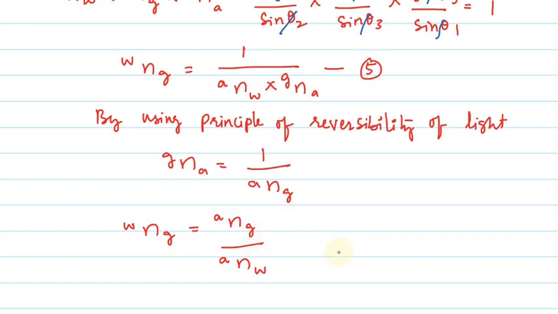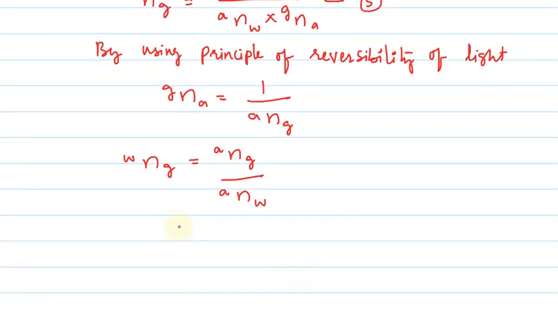Here refractive index of glass is the absolute refractive index of glass, speed of light in air upon speed of light in glass. Refractive index of water is speed of light in air upon speed of light in water. So these are the absolute refractive indices of glass and water.